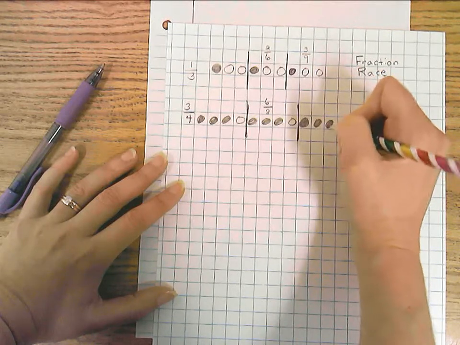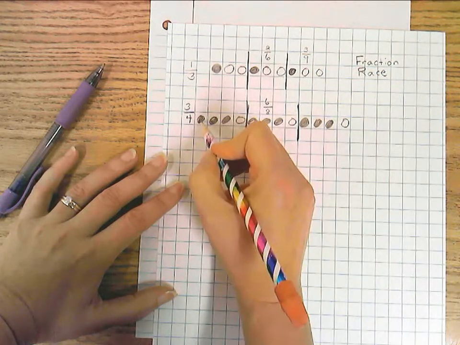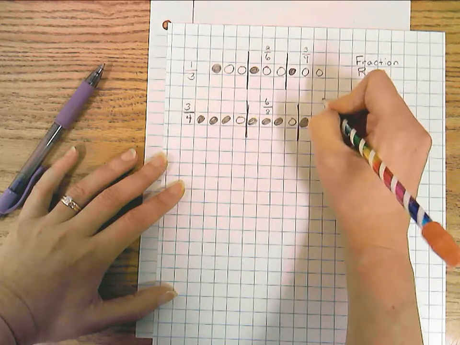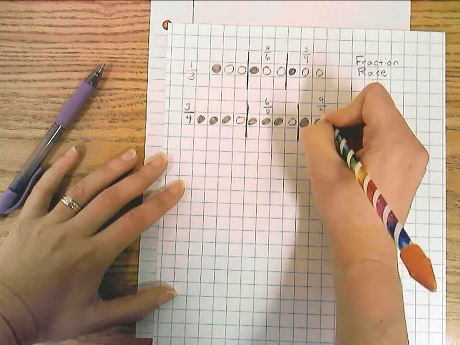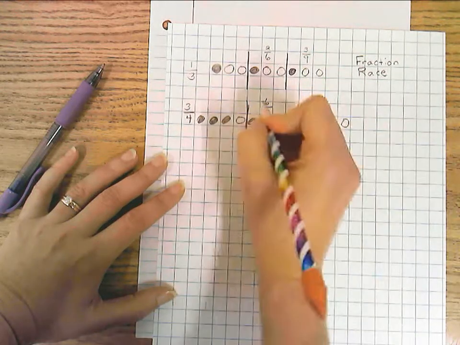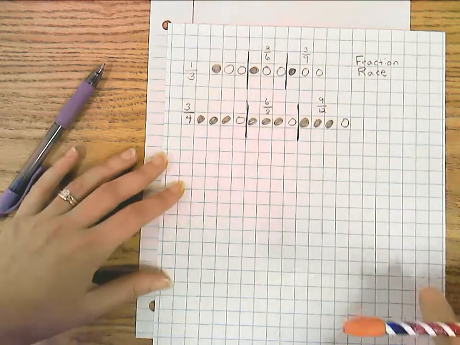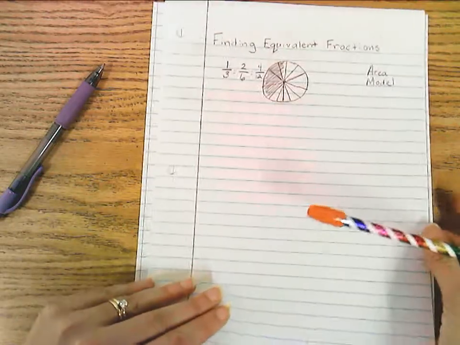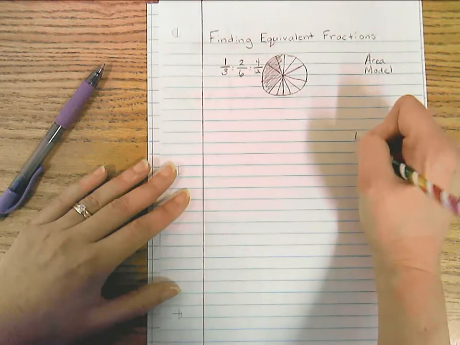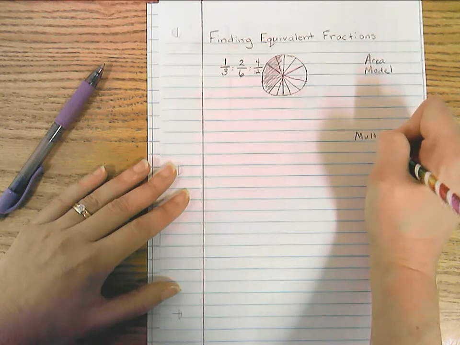And you can keep going. Now we have 3, 6, 9 shaded out of a total of 4, 8, 12. And we can clearly see our pattern of multiples this way using the fraction race, because multiplying is another way to do it.